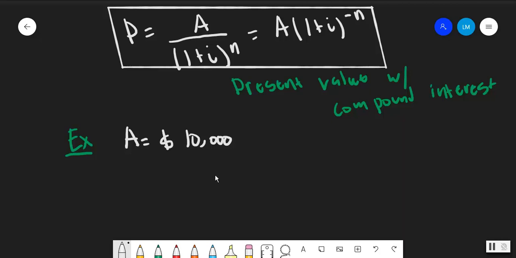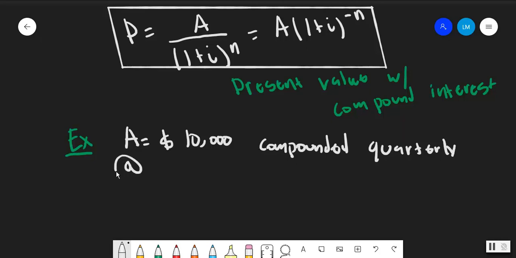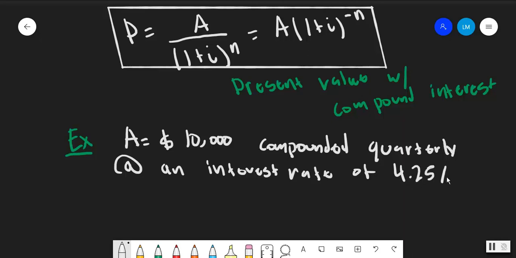And then what we want to know, for example, is, so this amount is to be paid back, and it's compounded quarterly, at an interest rate of 4.25%, and this is going to be for also 7 years.